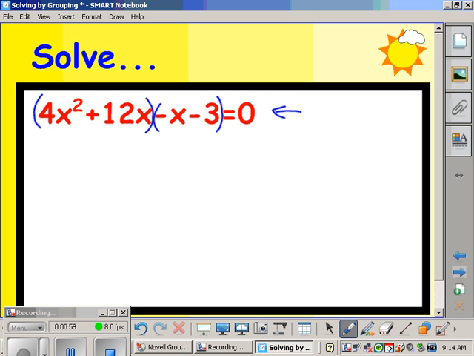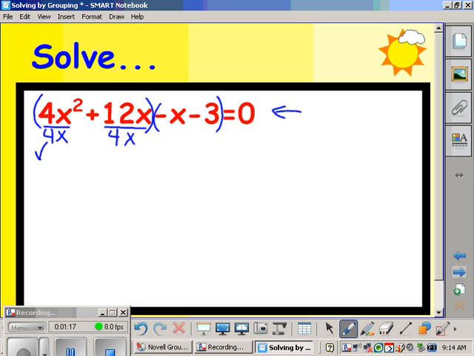From here, if you look at the first binomial, you're going to factor out the greatest common factor. For the coefficients 4 and 12, the greatest common factor is 4. For the variables, they both have an x in common.